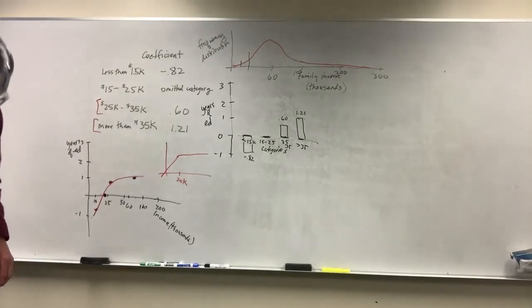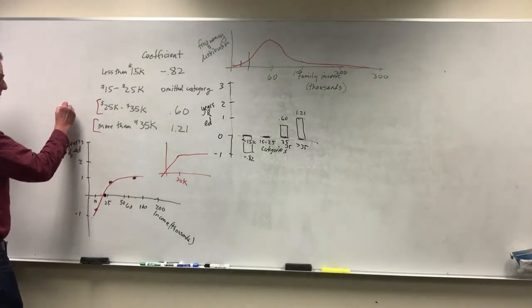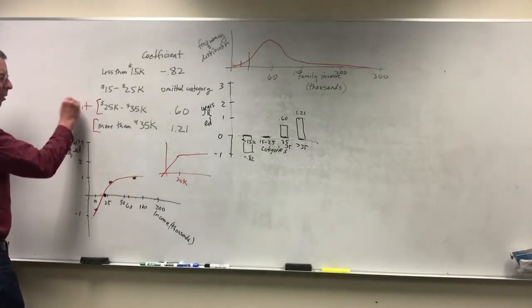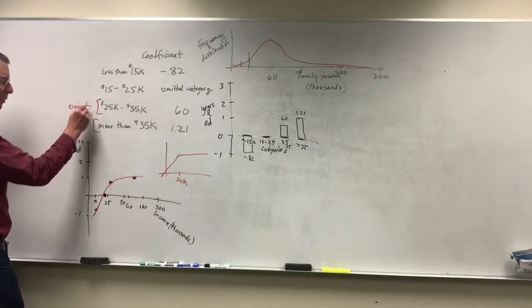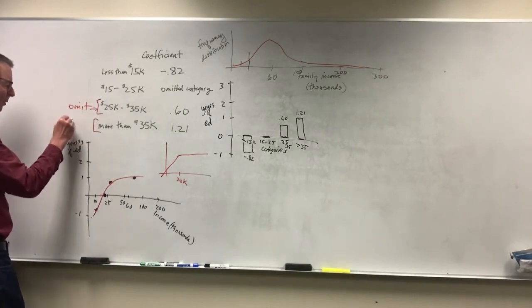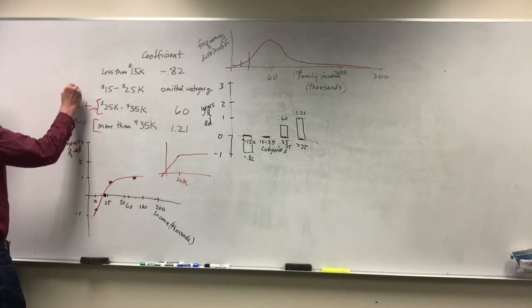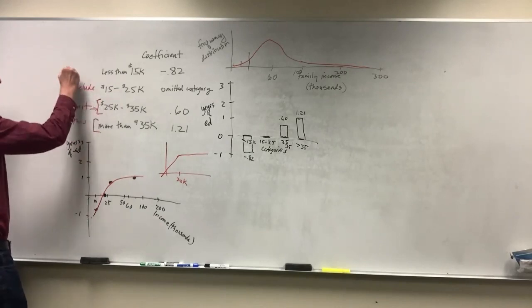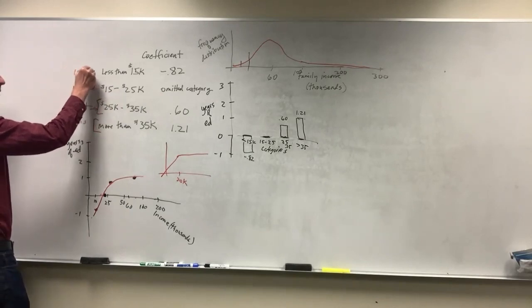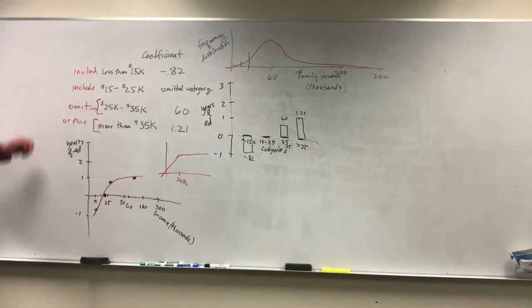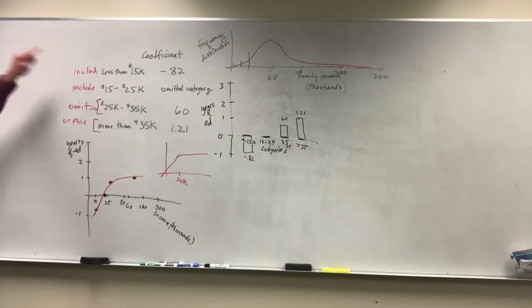So to get a comparison of these two, the easiest thing is to omit either this or this, and then include this again, and include this as before. All right, so then we've got a dummy variable for less than 15, a dummy variable for 15 to 25.